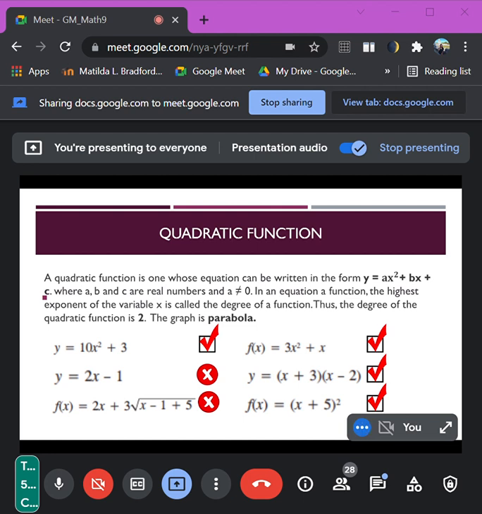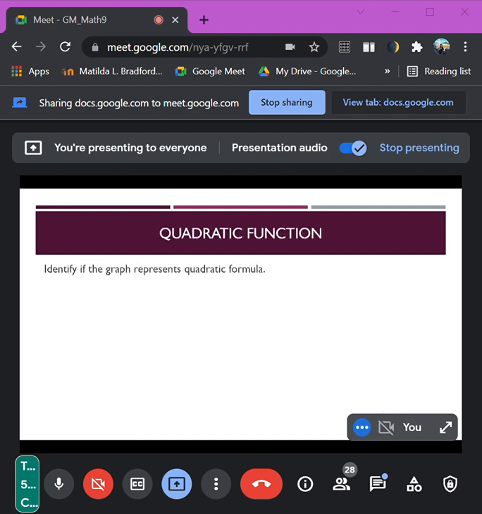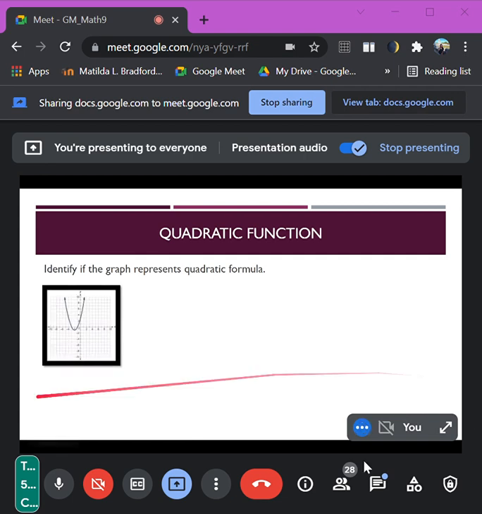Pero more specifically, in our quadratic function representations, we can really identify that one using an equation or a graph. Okay, this one, we are going to identify if the graph represents quadratic function. Di ba, I told you a while ago that ma-identify na to siya kung quadratic function siya using graph if that is parabola. So, I'll show you some pictures here and then tell me if it is quadratic function, okay?